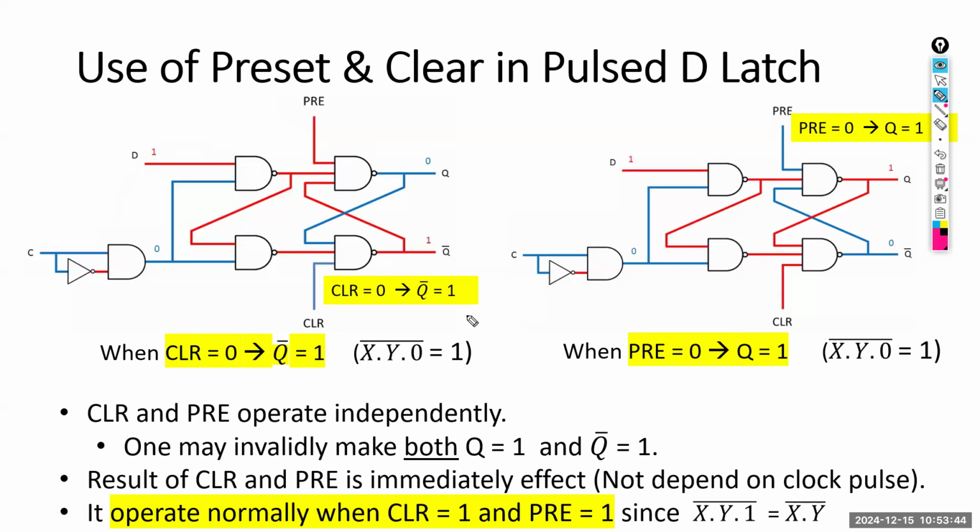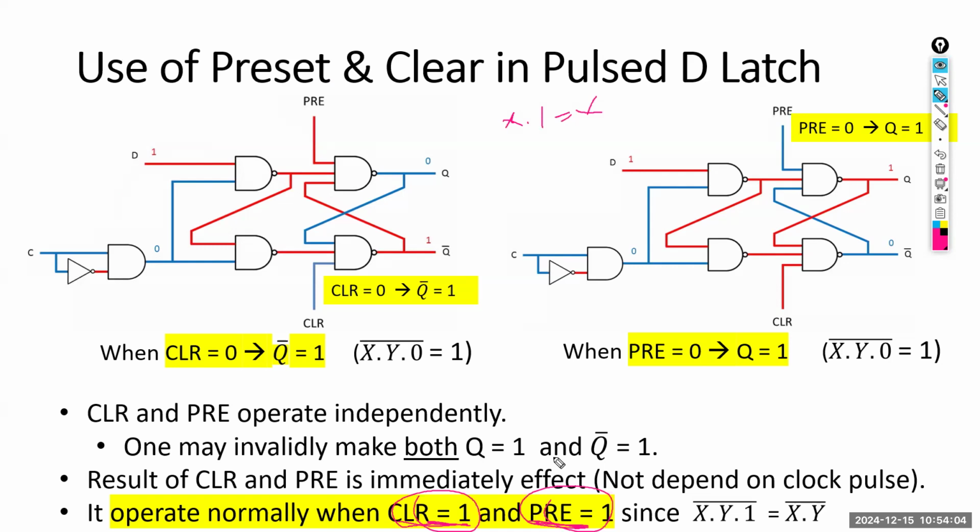If you make clear 1 and preset 1, it operates normally, because something dot 1 is the same thing. X dot 1 is X. So when clear is 1 and preset is 1, it just behaves normally.